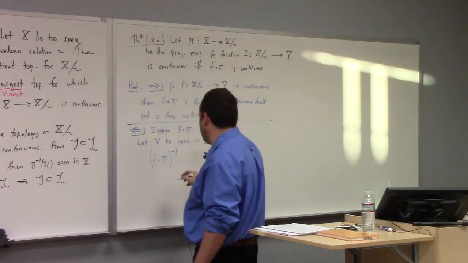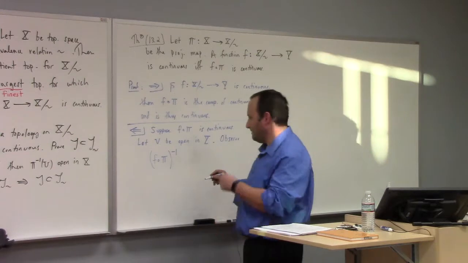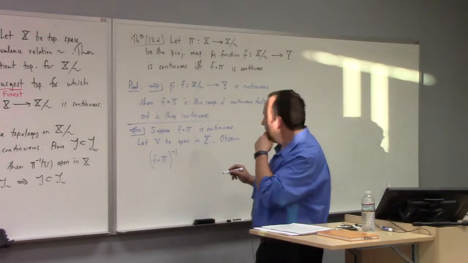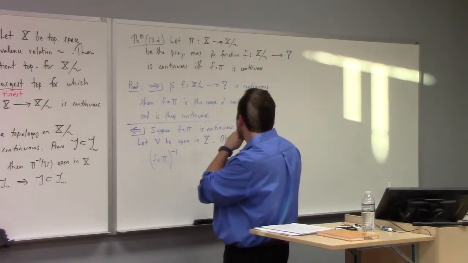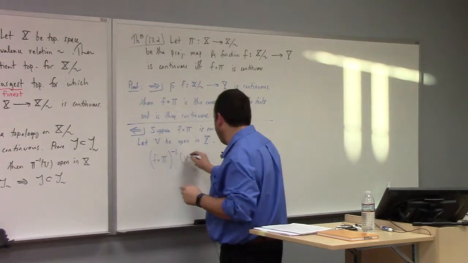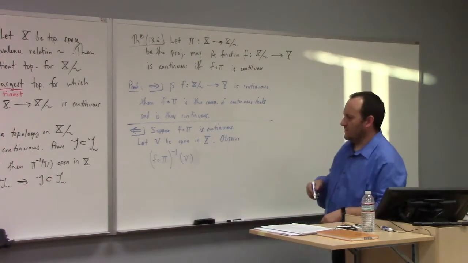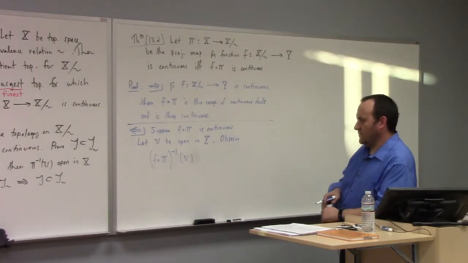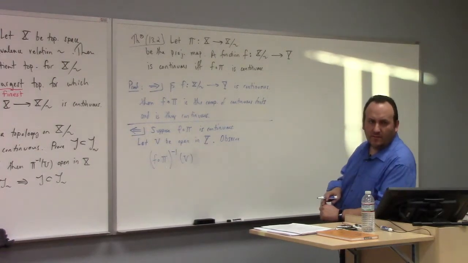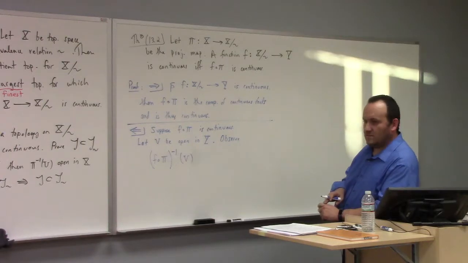And should I look at the inverse image of V? Can I do that? Oh, yeah, of course. Then what do we know about inverse images of composites? They sock shoes?